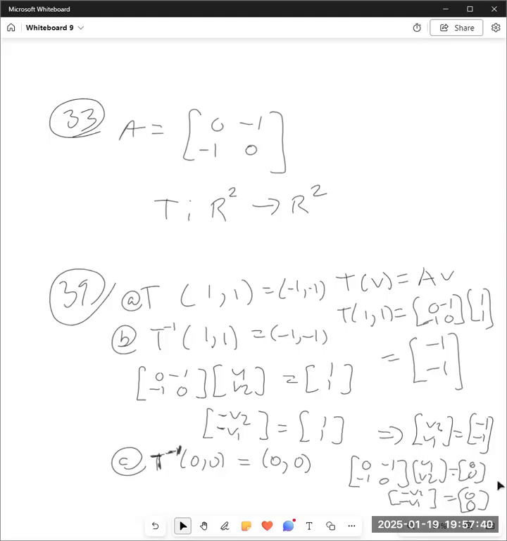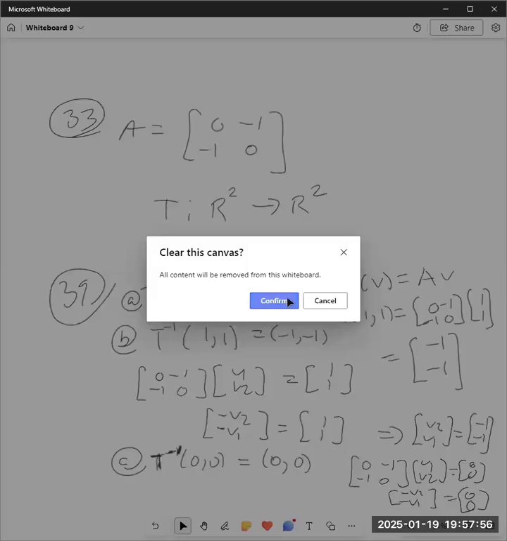And we're going to look at number 41 next. 41 asks me to go back and look at number 35, which we did not do.